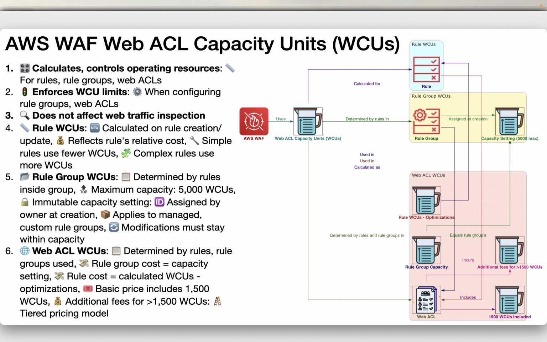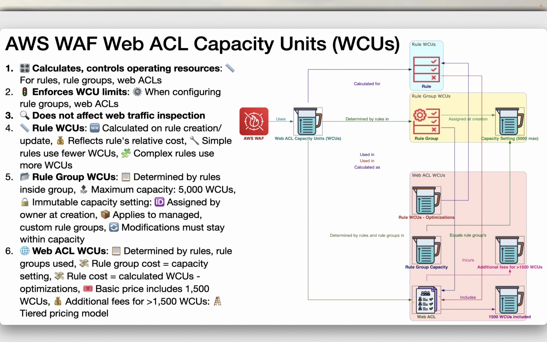The cost of using a rule group in a web ACL is the rule group's capacity setting. The cost of using a rule is the rule's calculated WCUs minus any processing optimization that AWS WAF is able to obtain from the web ACL's combination of rules.